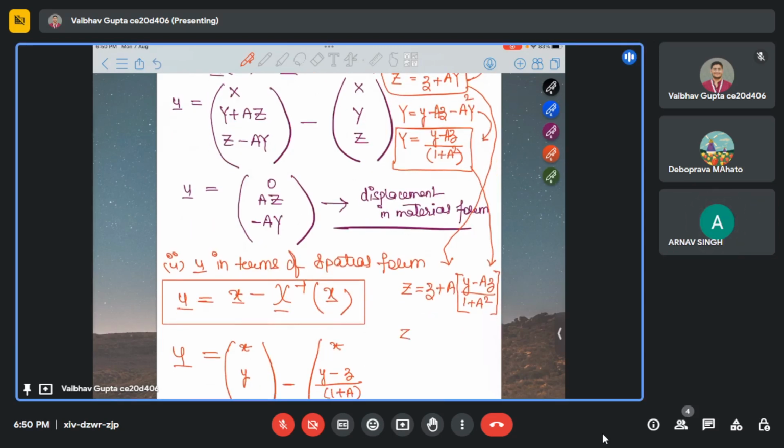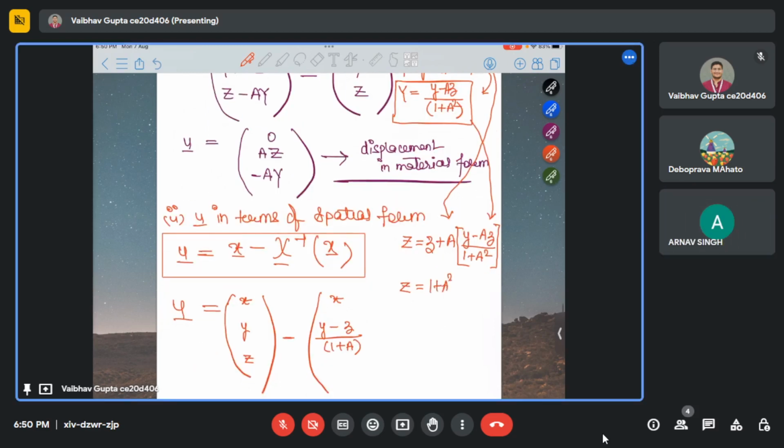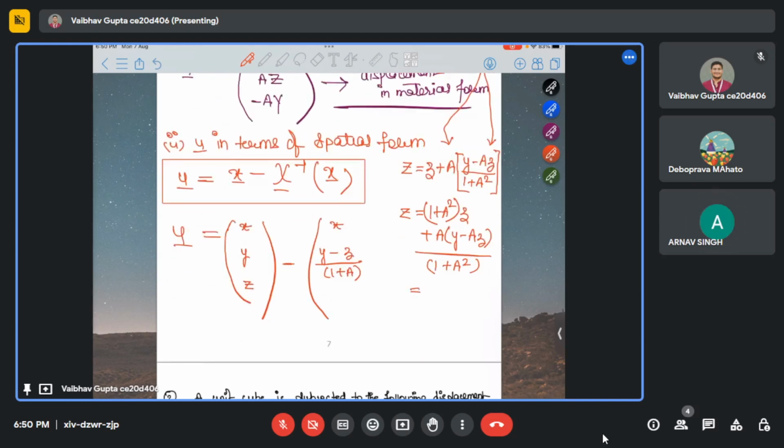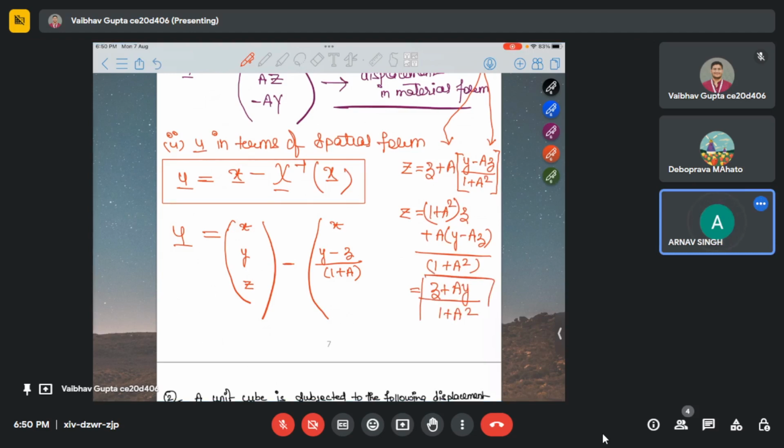Now if you do all the calculation in the denominator, you will get 1 plus a square into small z plus a small y minus a small z upon 1 plus a square. So it will be nothing but z plus ay upon 1 plus a square.